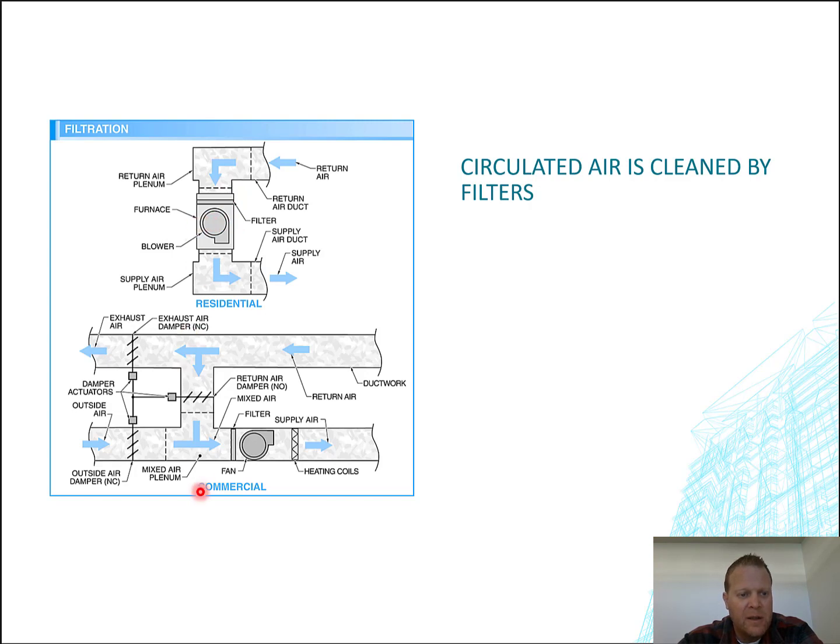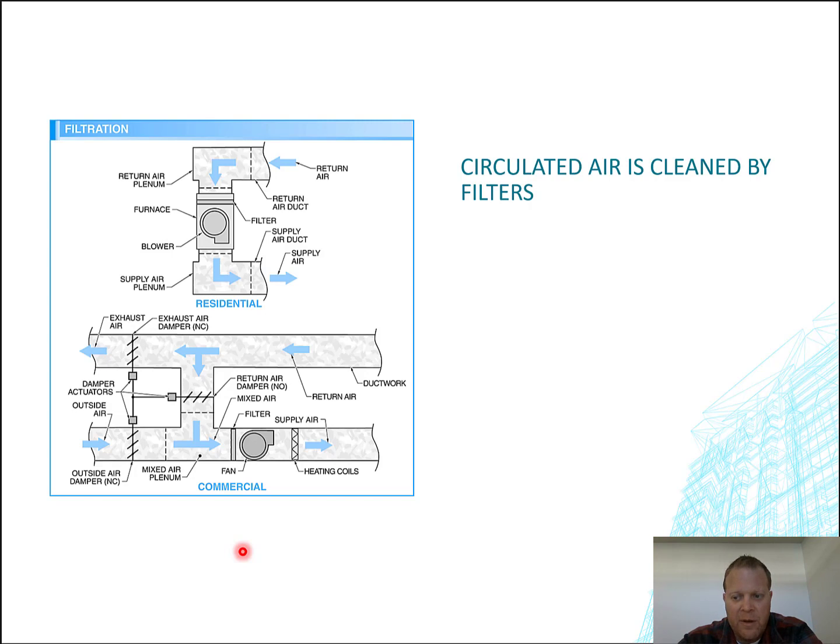There's another idea here that in a second we'll share more of, but on a commercial side, where maybe this is a bigger system, it's still the same idea. Lots of different configurations for filters. The actual size and efficiency of pulling out the particulates or contaminants ranges quite a bit.